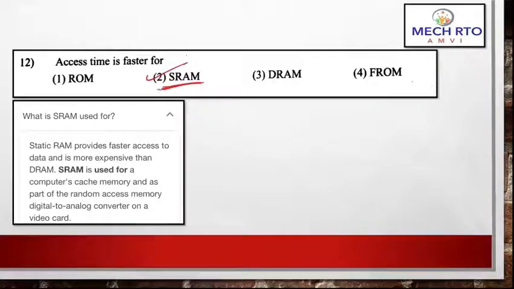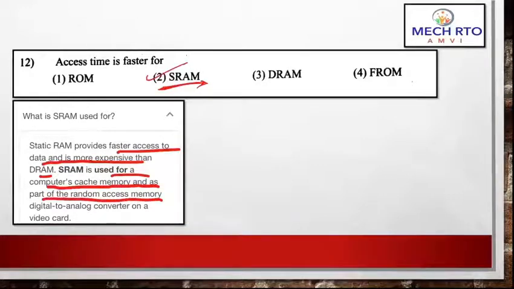It stores temporarily and regularly deletes the files, but the main function of SRAM is faster access to data, and it is more expensive than DRAM. SRAM is used for computer cache memory as a part of random access memory, digital to analog converter on a video card. So access time for SRAM is faster than any of the following.